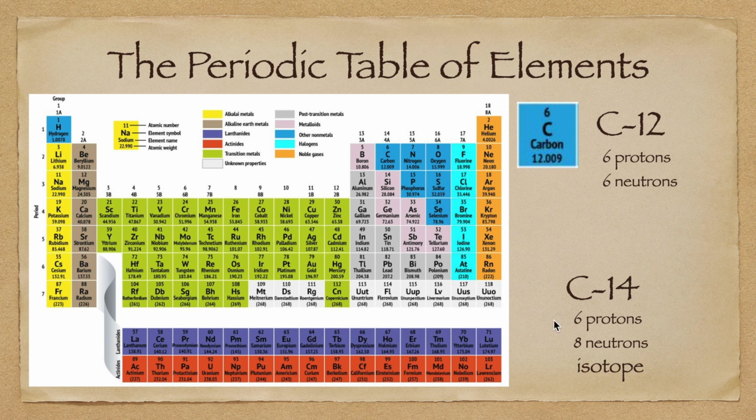That makes it an isotope. C14 is the isotope that we want to use when looking at organisms that have died in the last 60,000 years. I'll get to that more in just a minute.